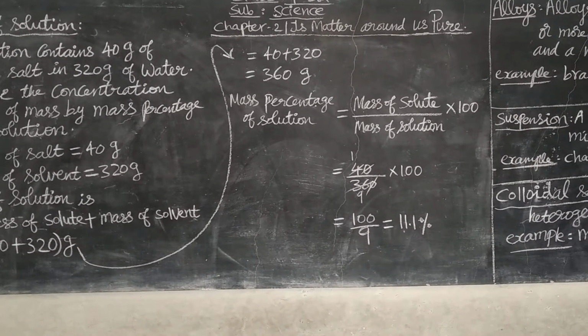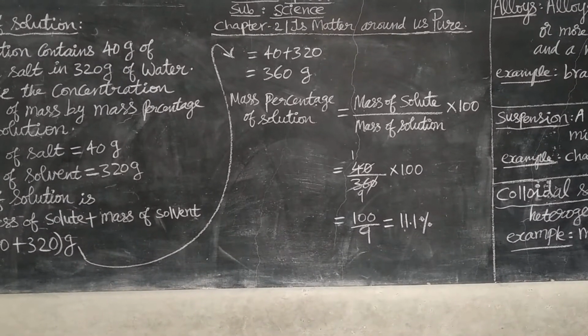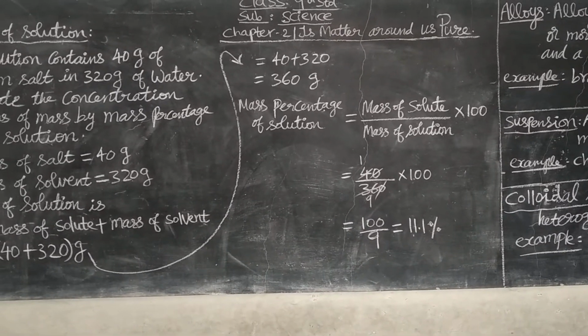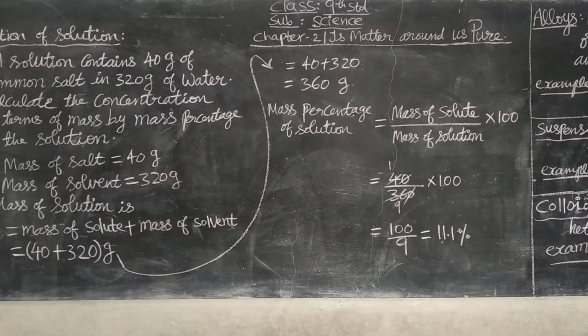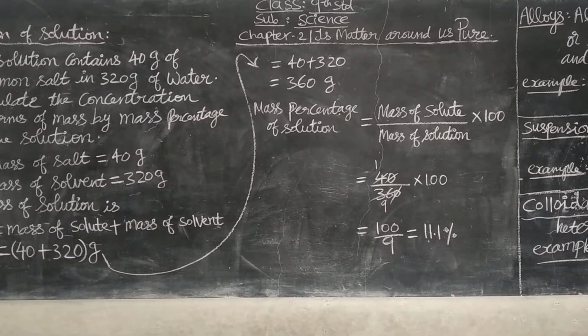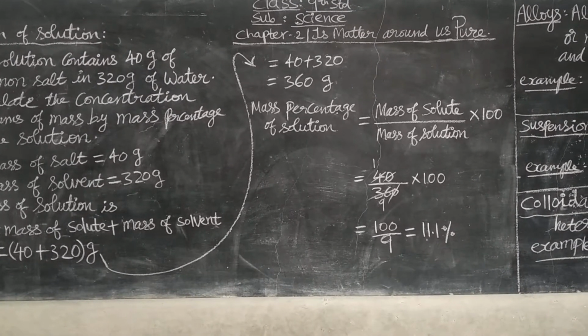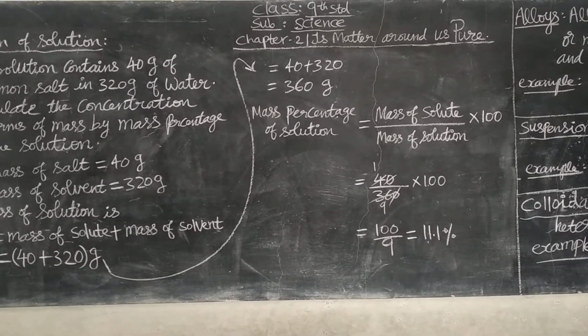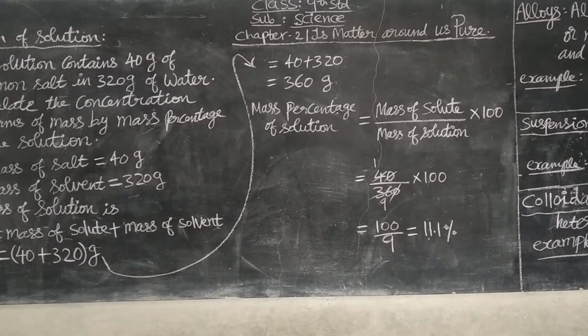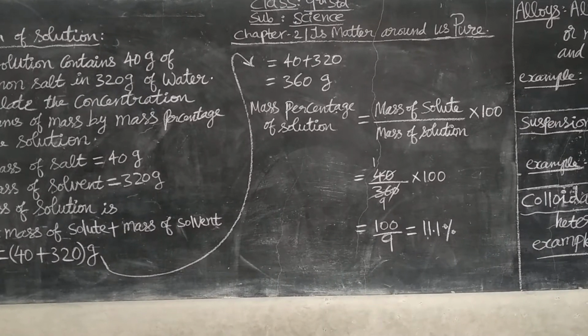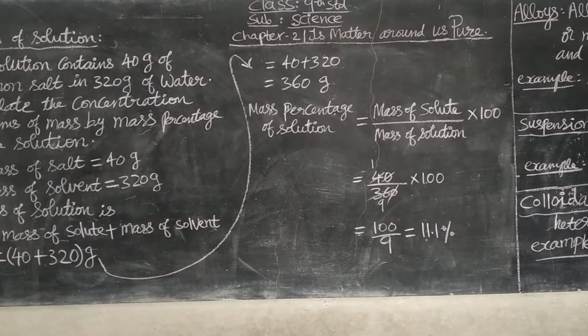Mass of solute, which is salt here, is 40 gram. So 40 divided by mass of solution, which you have calculated now, 360, into 100, because you are calculating in percentage.